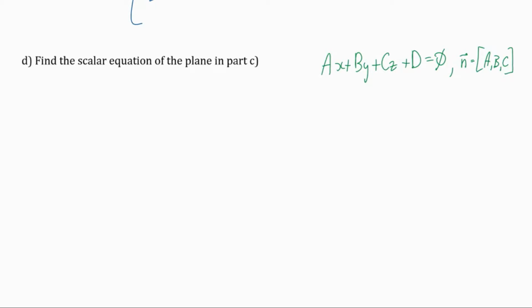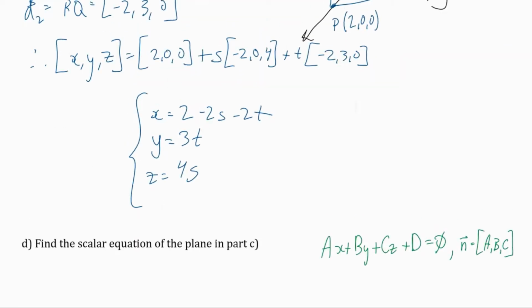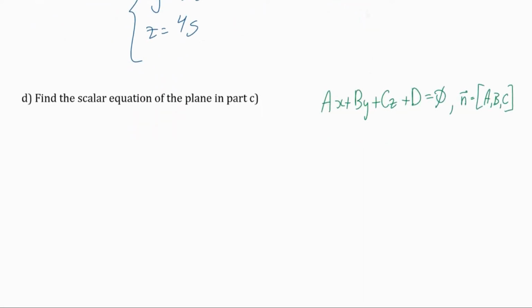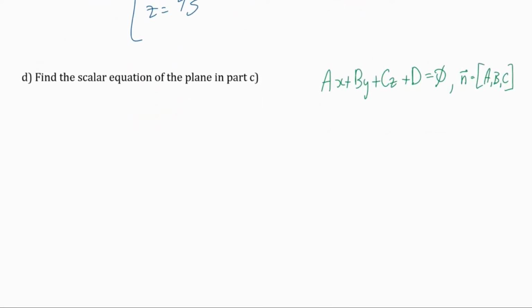There's not multiples of those. So in order to find the normal of a plane, I can do the cross product of the 2 direction vectors that I know, because I've already written out the vector form of the equation of the plane. And that will give me the normal, and that's going to be a really good start. So we're going to start with that.